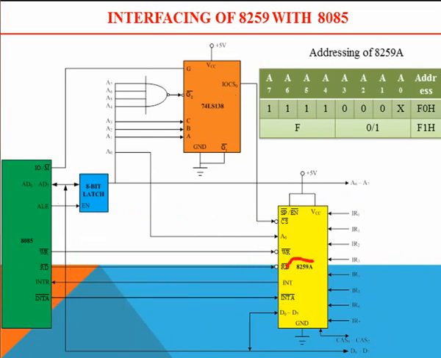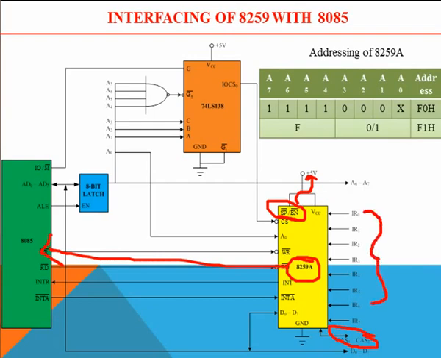As a single 8259 is being interfaced with 8085, the SP/EN pin is tied high and the cascade pins CAS0 to CAS2 are left open. The 8 IR inputs are available for interrupt signals.